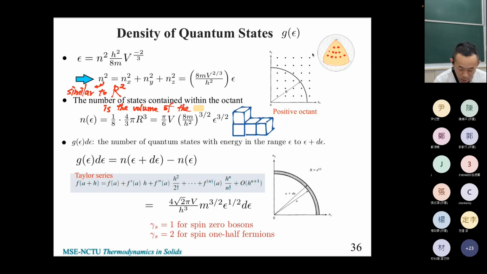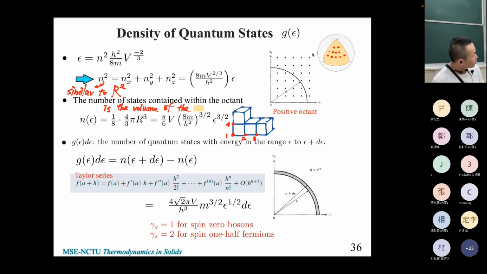Imagine that you have a quantum number available at this point. 1, 2, 3, 4. So there are 4 quantum numbers available.